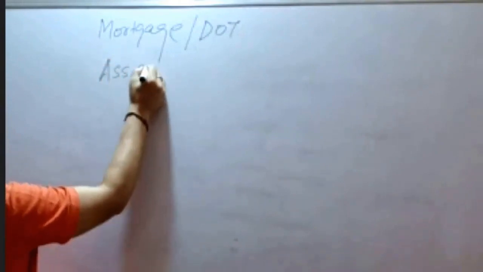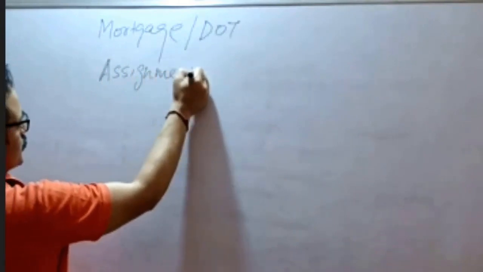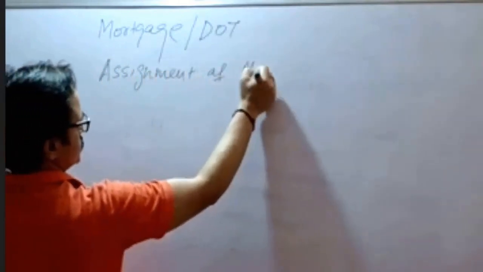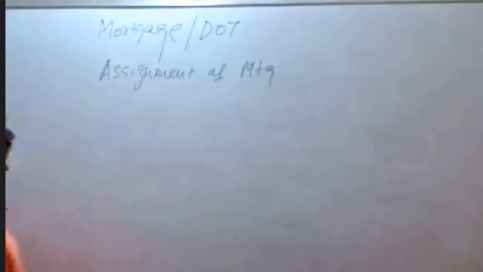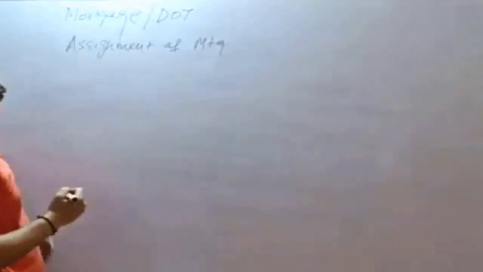Now the next document is assignment of mortgage. Now what is this assignment of mortgage? As I told you, as soon as the loan is funded, the borrower will be going happily to his home with the funds, maybe to a new home or maybe to an existing one, but happy after getting the loan.